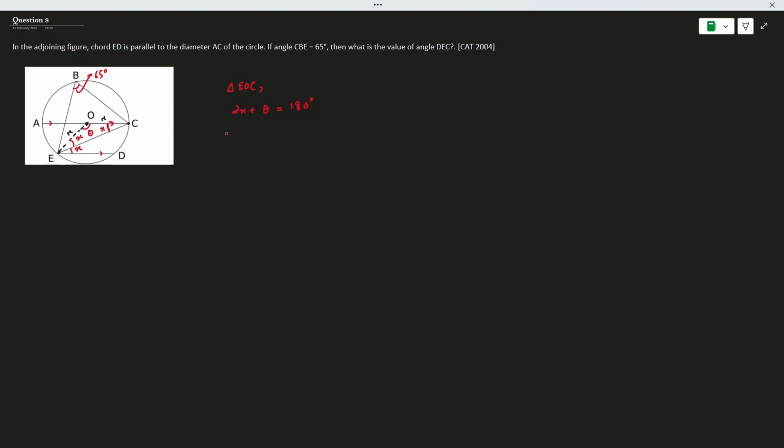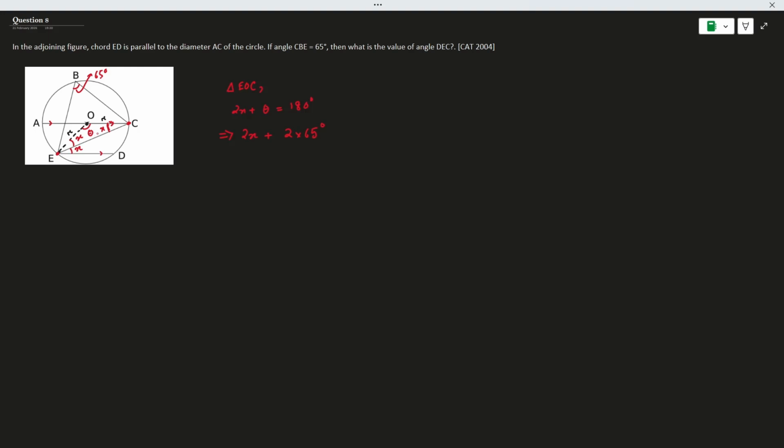Now what is theta? Theta is 2 into 65 degrees, right? Because EC is a chord. The angle subtended by this chord at the center is theta.